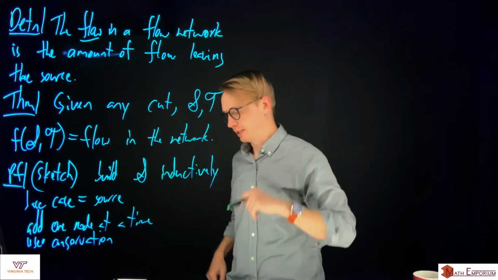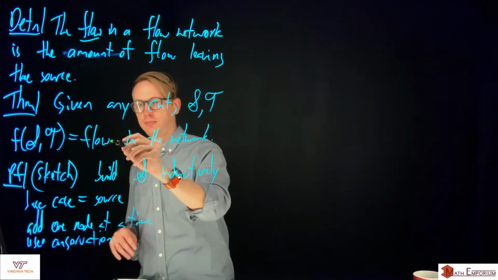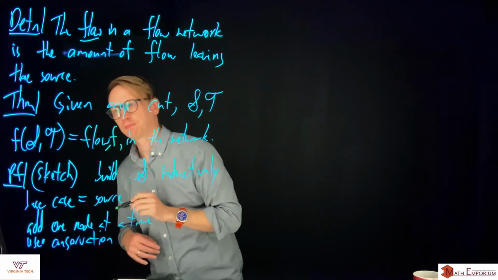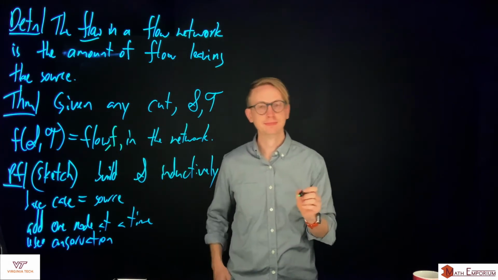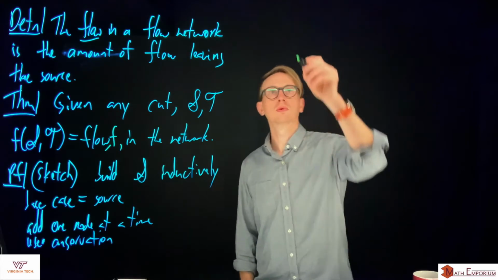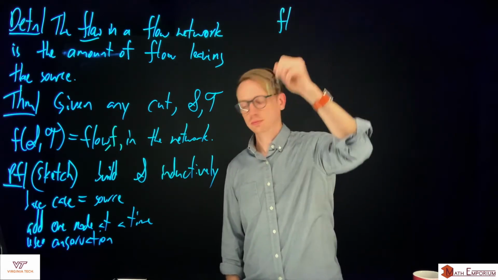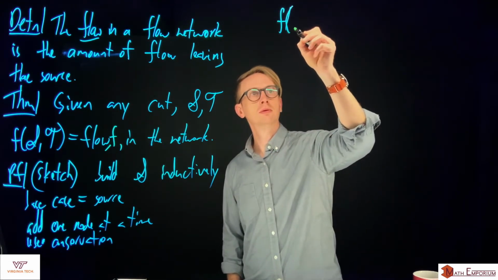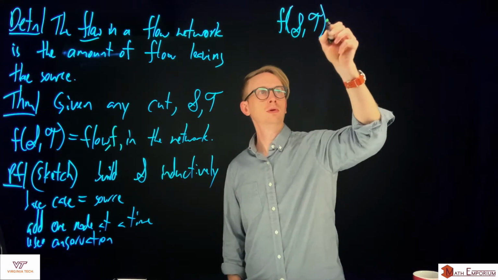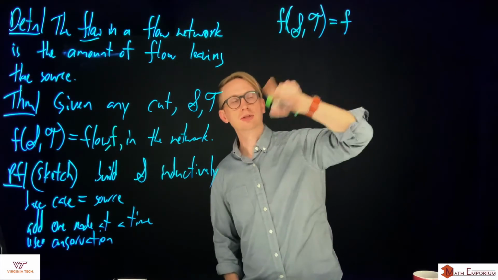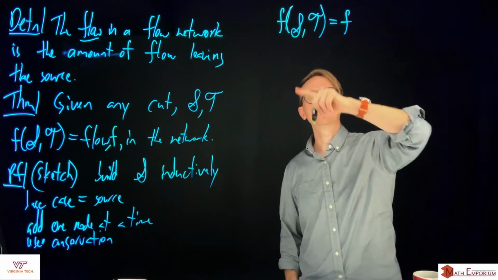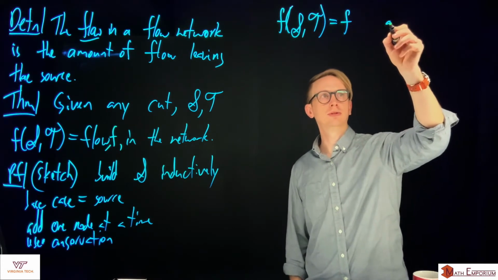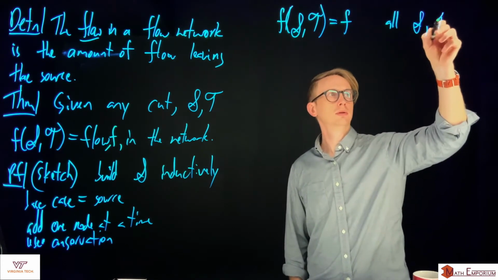So let's give this a name. F. Okay, so just F by itself. So the flow across any cut S, T is equal to F, and this is true for all S, T, right?